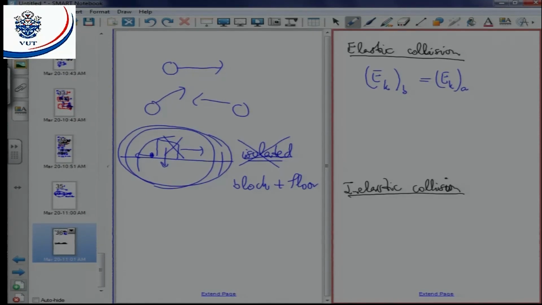This will depend on the number of particles, but in most cases you would have two.